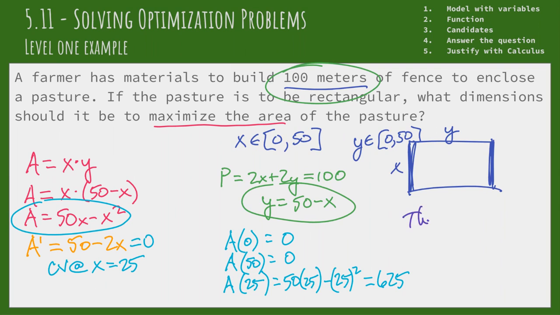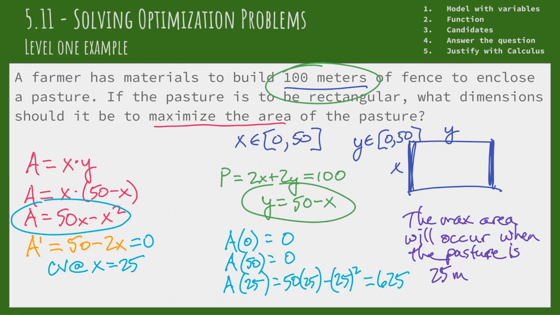The maximum area will occur when the pasture is 25 meters. Make sure we include units by, and then if we plug 25 into this equation right here for x, we're going to get 25 for y. So 25 meters by 25 meters.